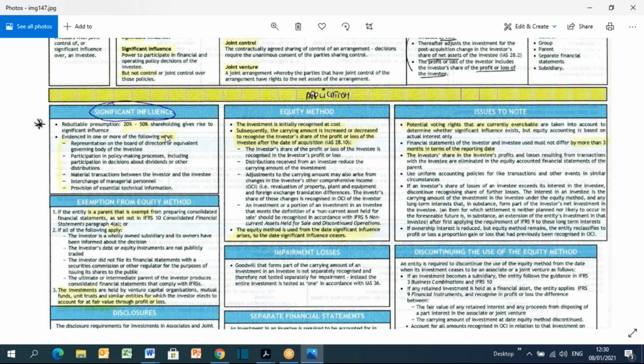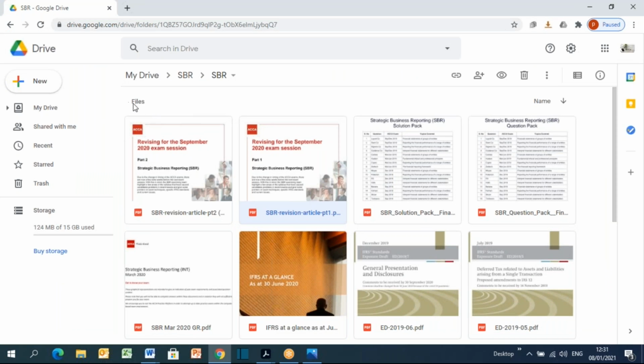But this can be tricky, and I've recently uploaded two files from the examiner team, and they're unbelievably good when you're practicing for the March exam, because they're still up to date.